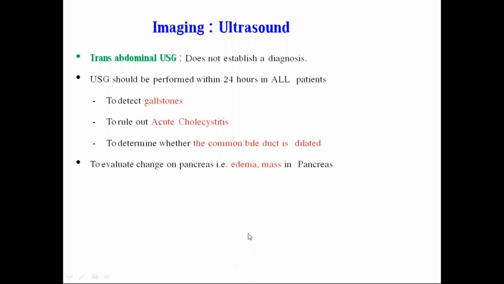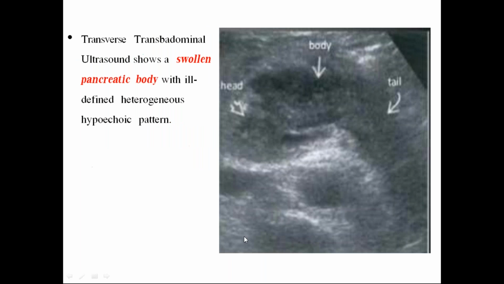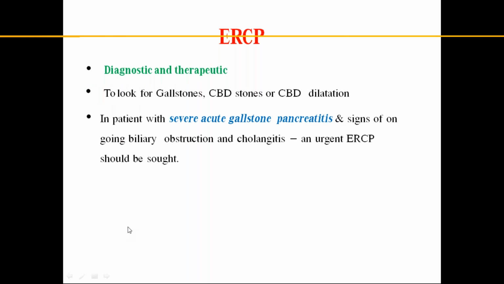Calcification also can be appreciated, but necrosis is better seen with CT. So there will be an ill-defined, heterogeneous, hypoechoic pattern. In the scan, if it is white, it is hyperechoic, and if it is dark in texture, it is known as hypoechoic.